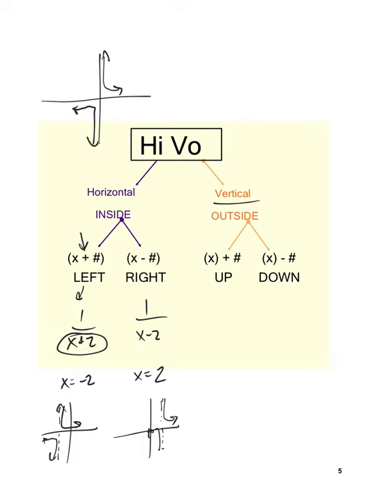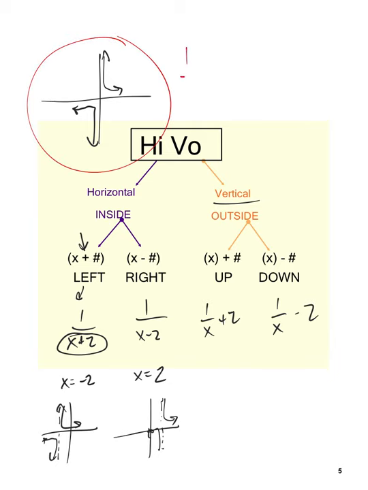Vertical translations happen afterwards. So again, if we have 1 over x plus 2 versus 1 over x minus 2, now similarly, as we saw with this parent function of 1 over x, 1 over x plus 2 means we would just take our original graph and move it up 2 units.